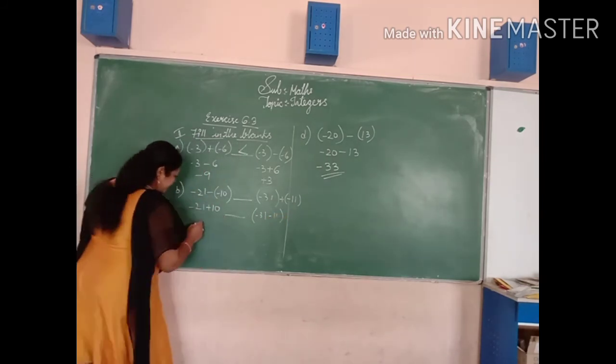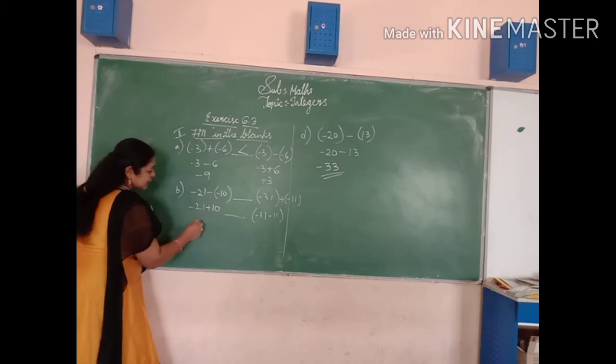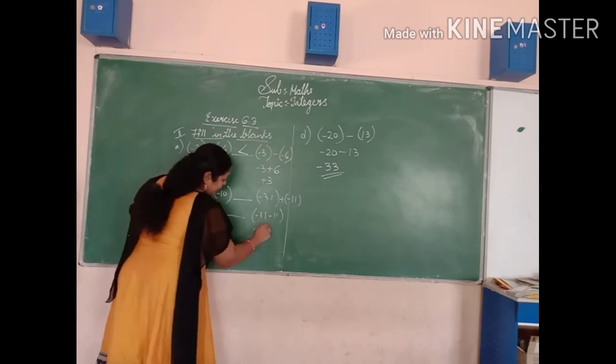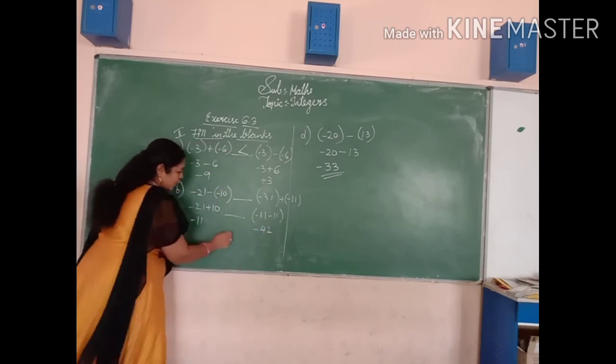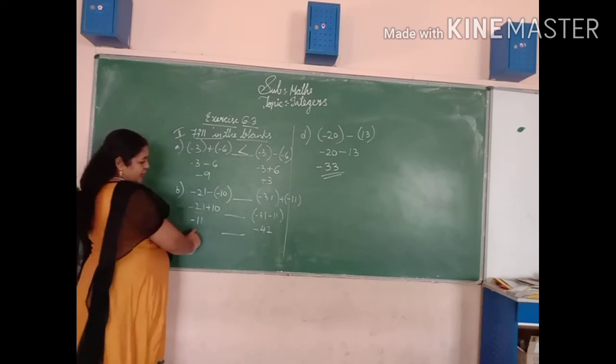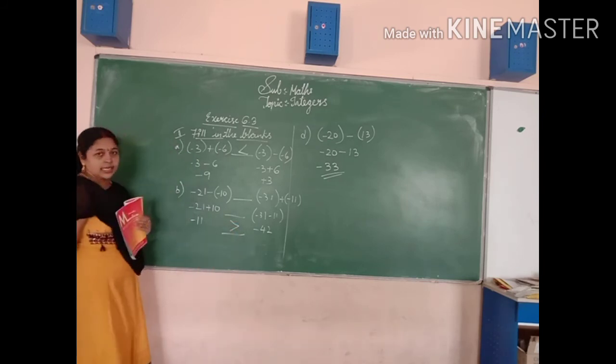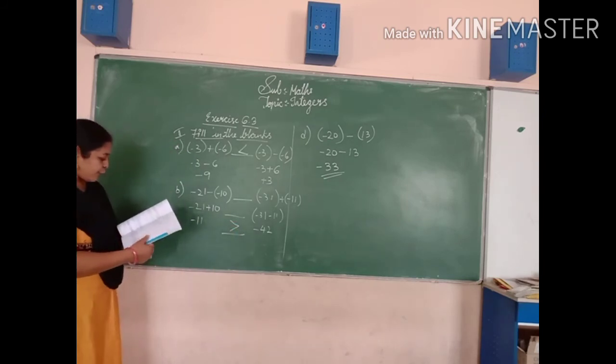So therefore, you will get here minus 11, and here we get minus 42. So which is greater? Minus 11 or minus 42? So minus 11 is greater than minus 42.